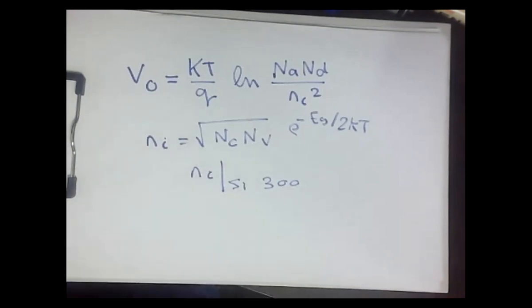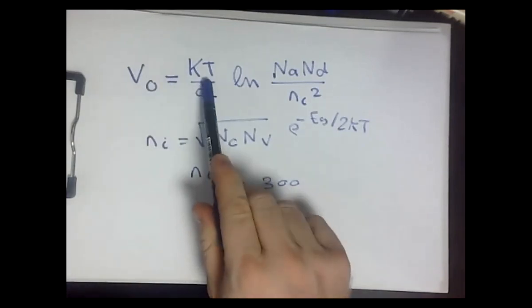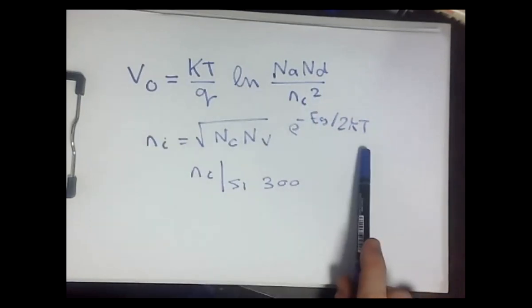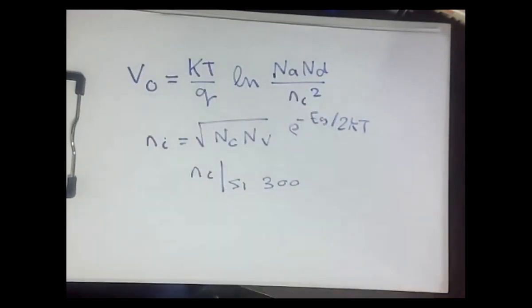Another important point is that here it's a double temperature function. V node here depends on temperature, and actually depends on Ni, which depends on temperature. So actually, this is a complicated function of temperature. Maybe one of the very sophisticated questions that I can ask you.